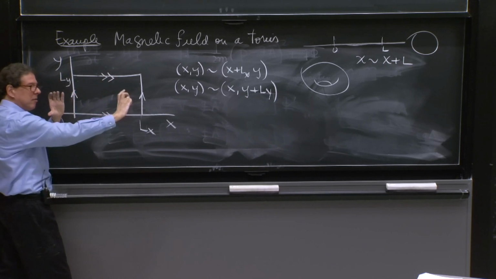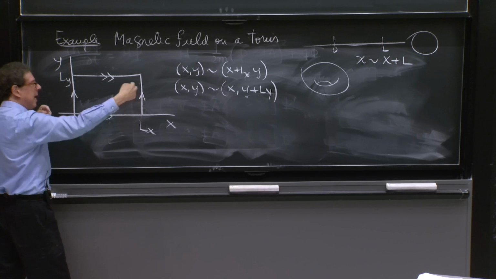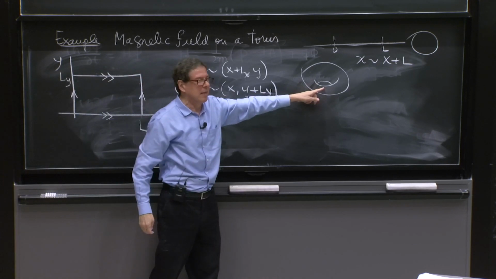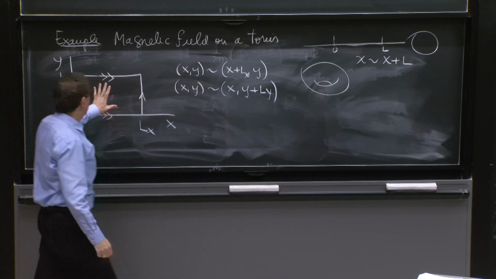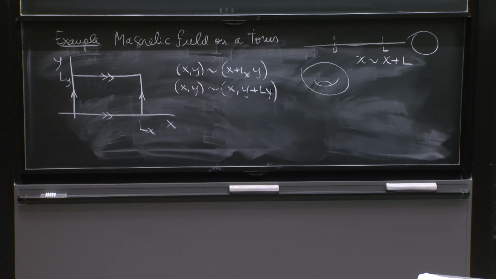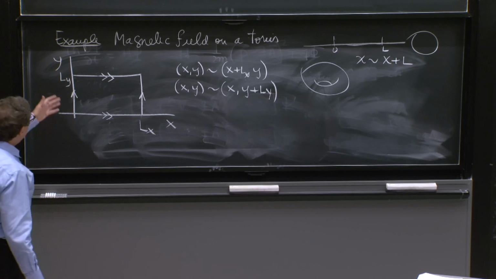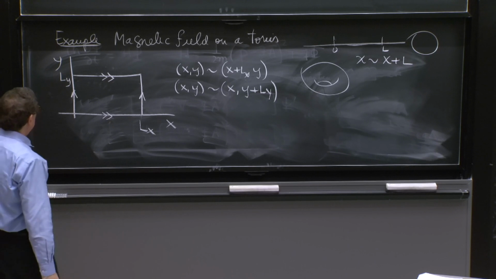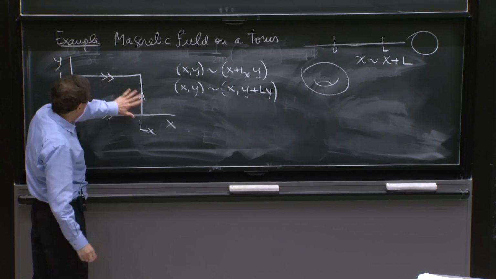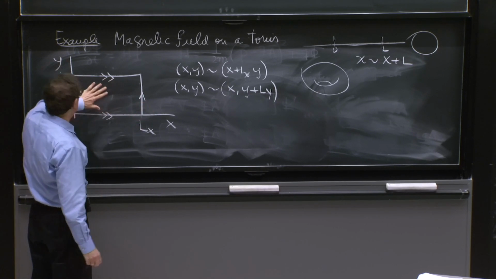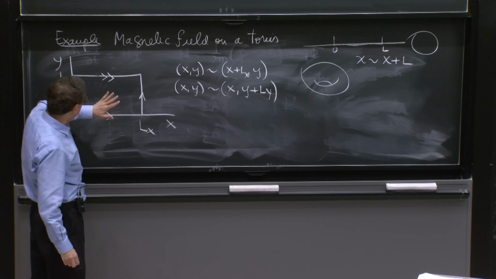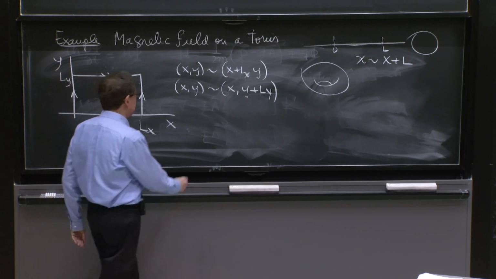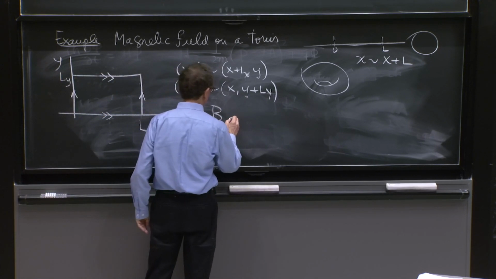Now you have a cylinder, and now you're supposed to glue this end to the first end. So you glue them like that, and you form something like this. So here is a torus. Now we try to put a magnetic field on this torus. So you could say, well, this is x and y. There is a torus. There's the z direction. Let's put a magnetic field that goes through the torus in the z direction, a B in the z direction.